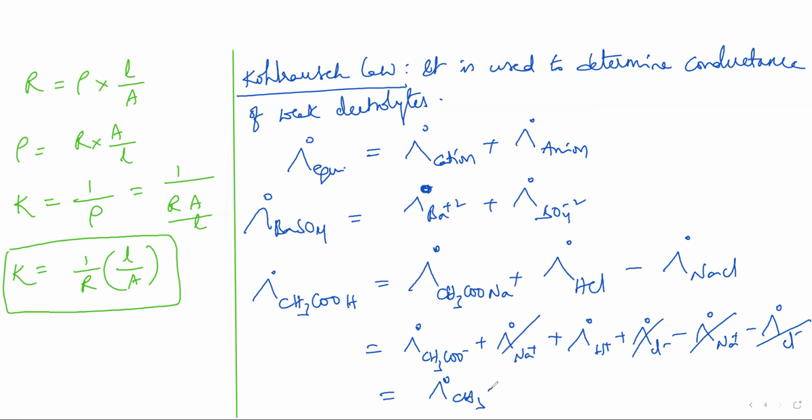Lambda naught of CH3COO minus plus lambda naught of H plus. Now CH3COO minus and H plus will give you CH3COOH. Did you understand? So this is about Kohlrausch law.